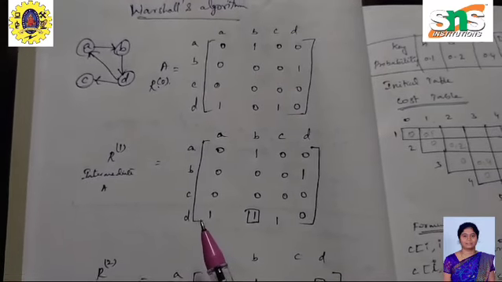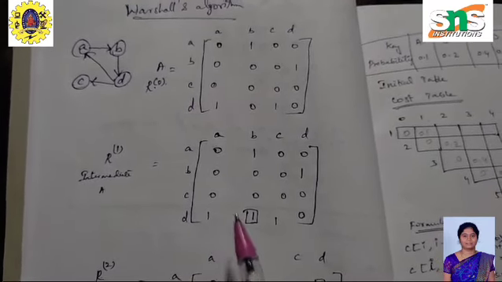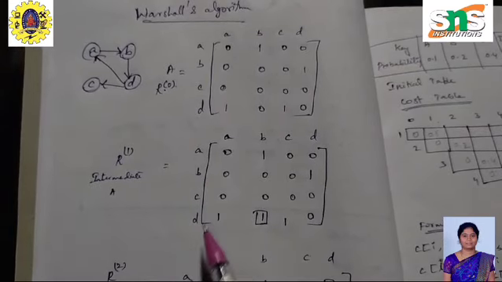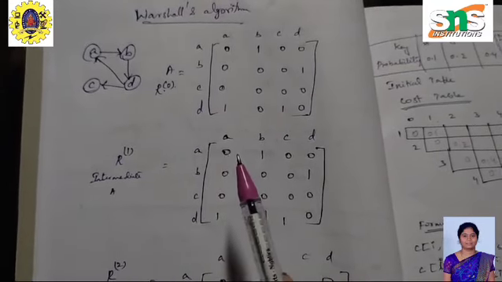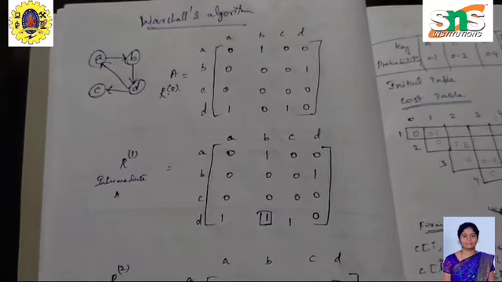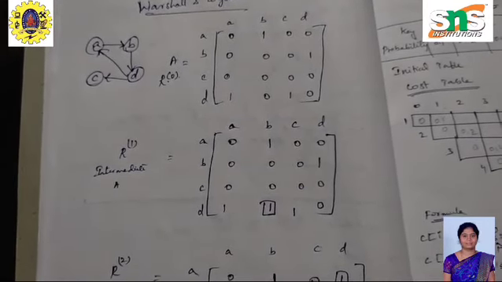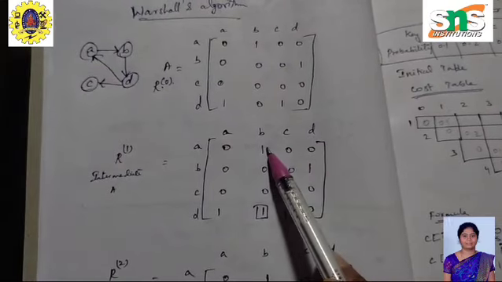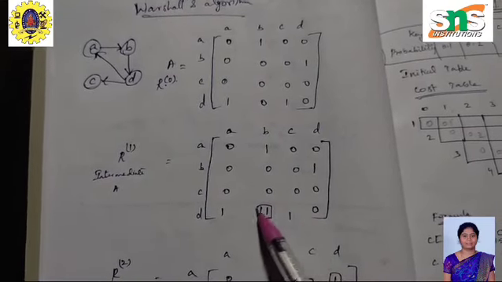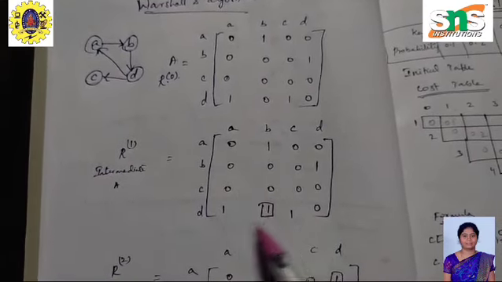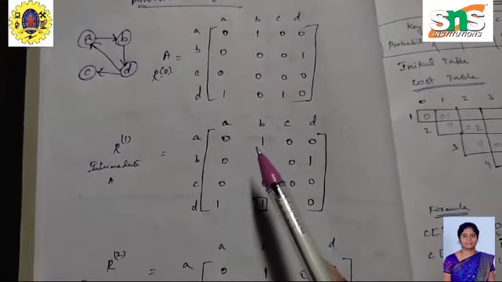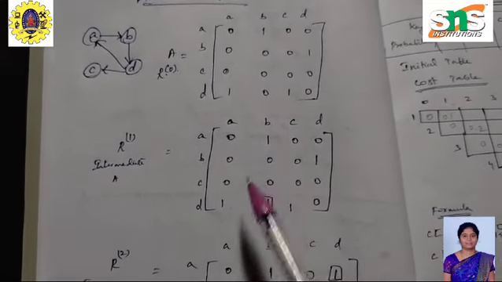So again you are supposed to write all the nodes in the matrix, A to D here and A to D here, and the entries which are already available with value 1, you are supposed to mention as they are. For example, this one and this one are mentioned as they are. Now we are supposed to calculate the remaining entries.